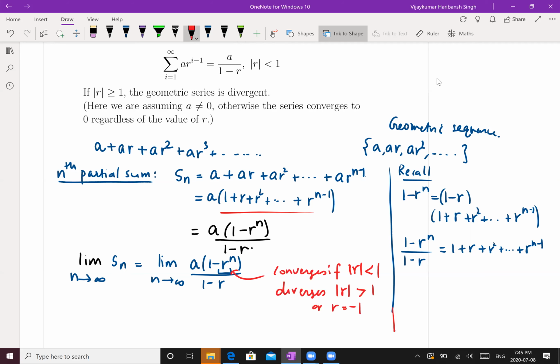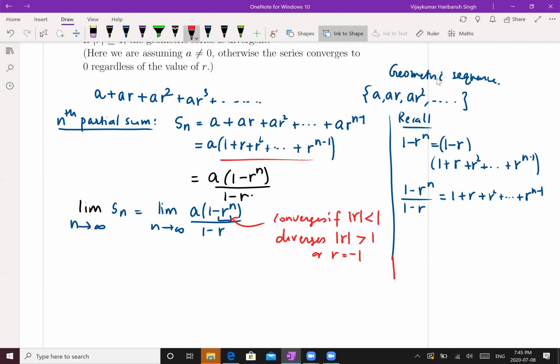And for R equal to 1, this is not defined. So really, this limit is going to be A upon 1 minus R if the absolute value of R is less than 1.